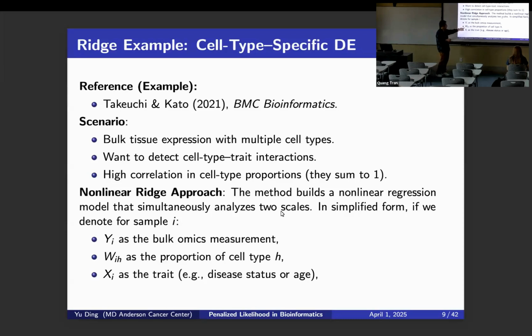This is not a vector, although it is the proportion. It is not a coefficient, but it is a covariate or feature or predictor. In different domains, people use different words to express the same meaning, so I will try to cover all of those in our lecture. And X here is a trait. For example, we can use the disease stage or age as the representation of X, according to the different topics we are investigating.